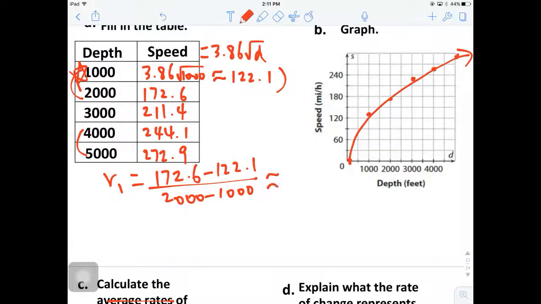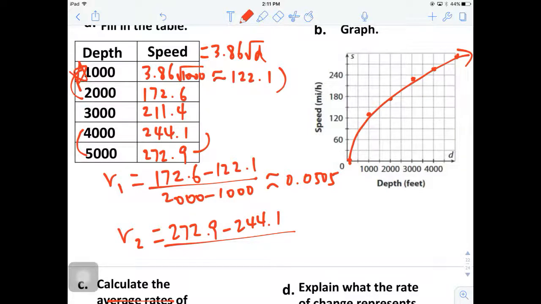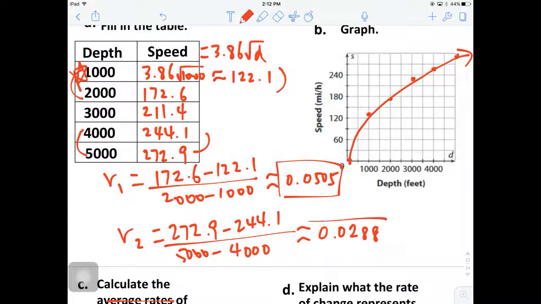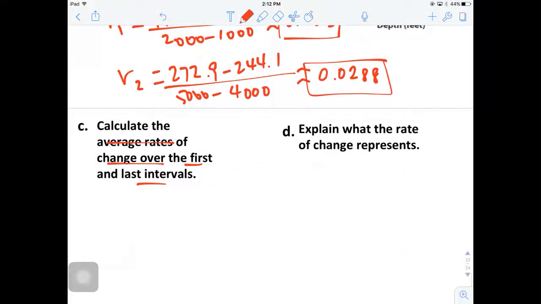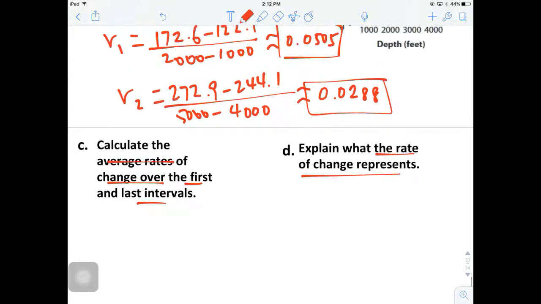If you divide that, you should get 0.0505. And then R2, the last one, is going to be 272.9 minus 244.1 over 5000 minus 4000. If you divide that, you should get 0.0288. And if you compare the two, again, for the last part, explain the rate of change, what does it represent?